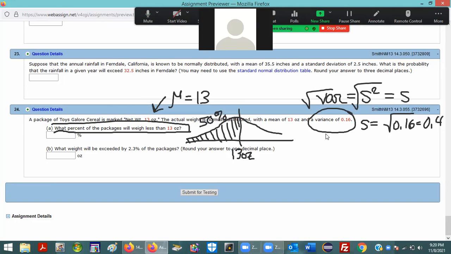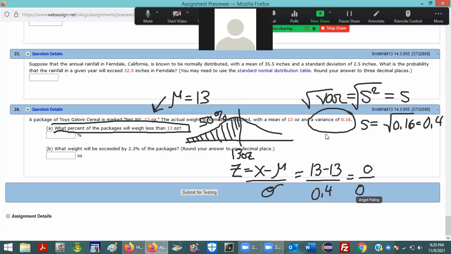Okay, so just note to self though, in case your numbers aren't exactly the same, right? Here we'd have a 13, subtract 13, divide by 0.4, gives me a 0 over 0.4, which is 0, right?